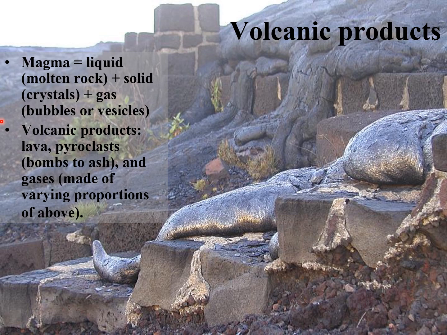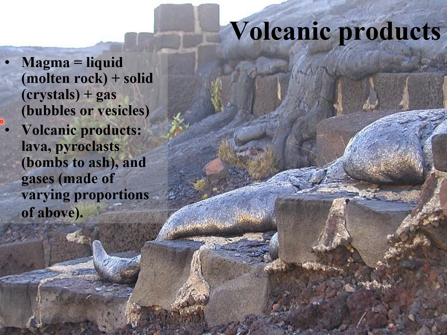So for volcanic products, you have magma exposed at the surface, we call lava. You have pyroclasts, and that's anything that's ejected out of the volcano. And when they're large, we call them bombs, and they can be the size of a baseball to the size of a car. And it can be fine particulates too, like ash. And that ash is rock ash.